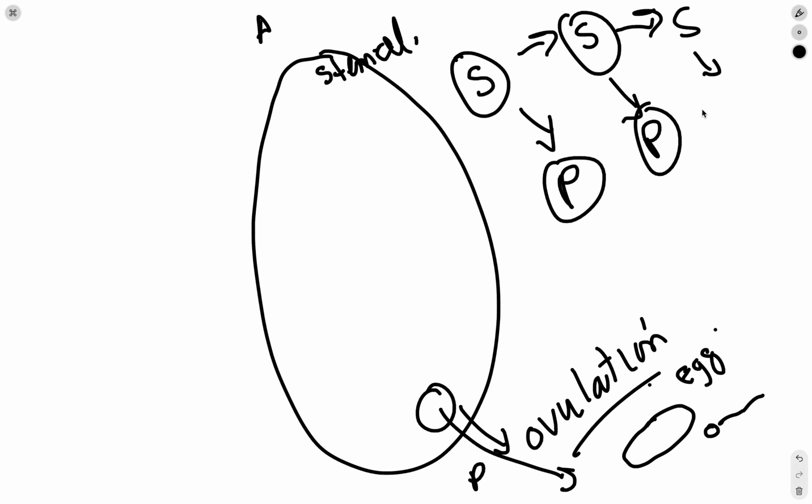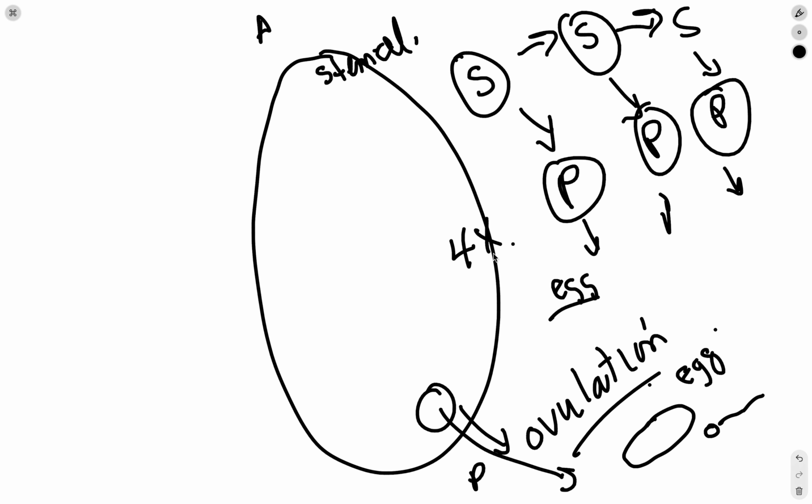And each precursor cell is going to become an egg. Before it does that, the precursor cells are going to each divide 4 times by mitosis. So even before they go through meiosis and make an egg, they're going to go through 4 mitoses and make some cells we'll talk about.